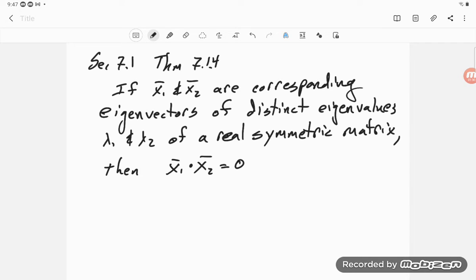So, you know, that's very nice, and so I'm not going to go through the proof. They do a nice proof in the text.